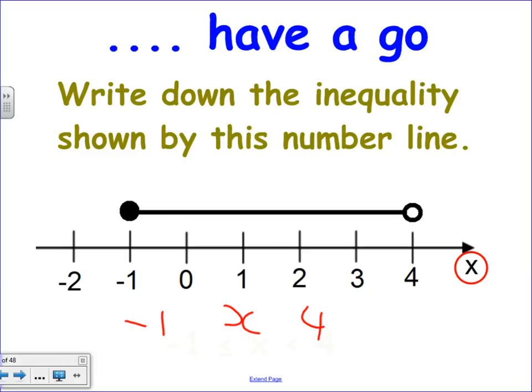So x is greater, so I'm reading it from right to left, it's greater than or equal to, because it's coloured in. Yeah? And then reading from x again, x is something to do with 4. That way. Less than. x is less than 4. Get that? Is that the way you meant? Yeah. Okay? So x is less. Happy with that?